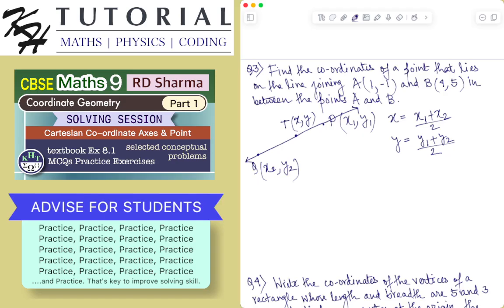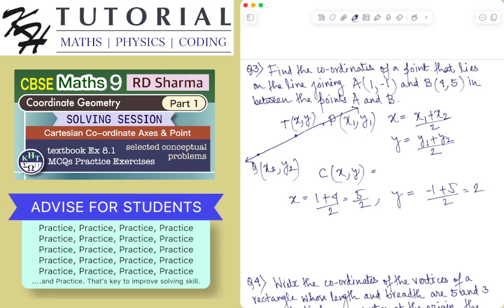So clearly, the question asks to find the coordinates of a point that lies on the line joining A and B, in between the points A and B. So I can say, if that point is, let's say, C with coordinates x comma y, then x will be the mean of the abscissa of the points A and B, that is (1 plus 4) by 2, which is 5 by 2, and y, the ordinate of the point C, will be the mean of the ordinates of the points A and B, that is (-1 plus 5) by 2, which is 2.